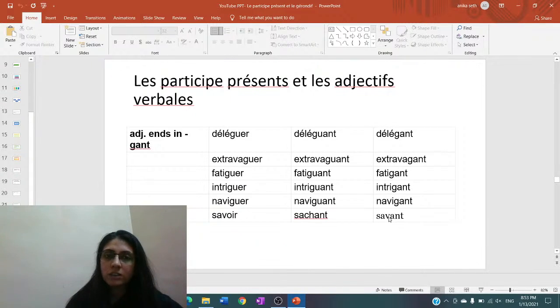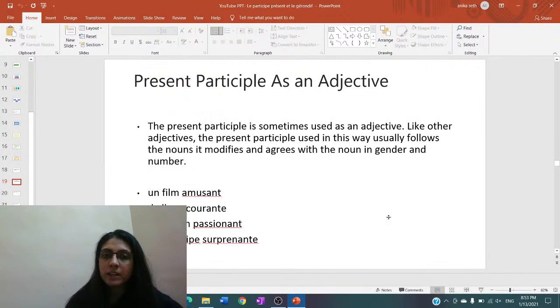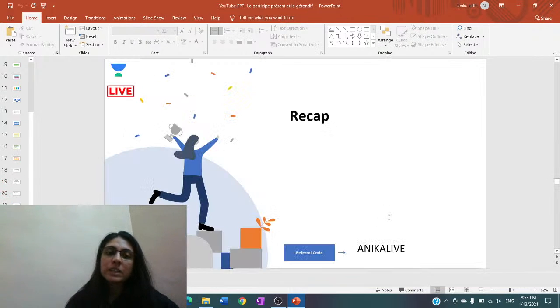So these are the present participles and the adjectives. What we have learned today is the present participle, which can be used as simply the present participle form of the verb, or it can be used as the gérondif. So we learned the formation of the present participle, we learned the formation of the gérondif.